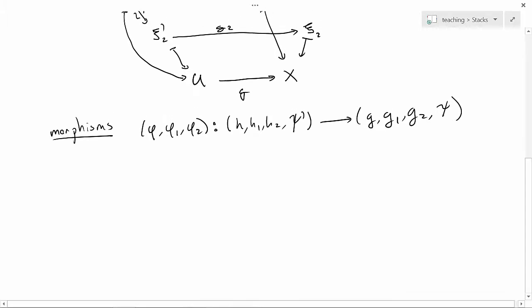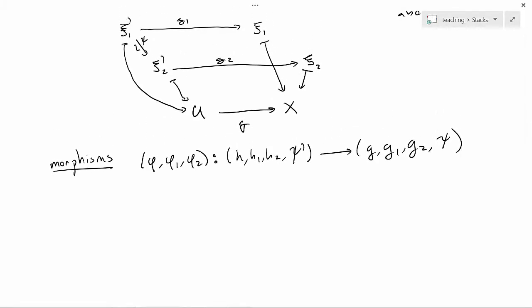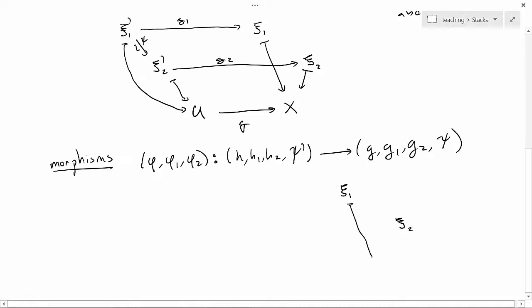It's going to be a picture that looks something like this. So on the one hand, we have our original objects, C1 and C2, lying over my X. I have some U via G. I have my Cartesian arrows.